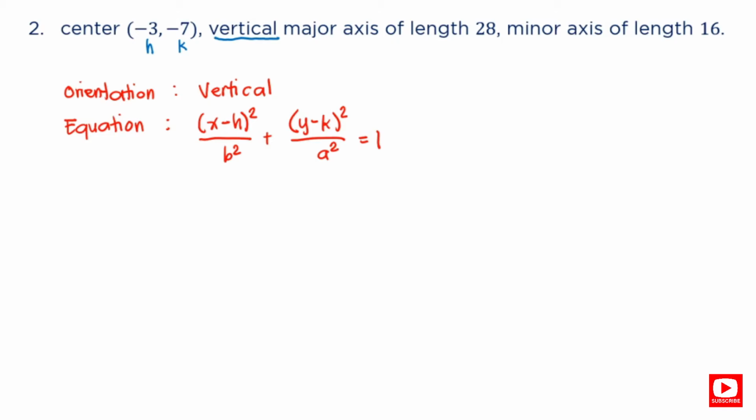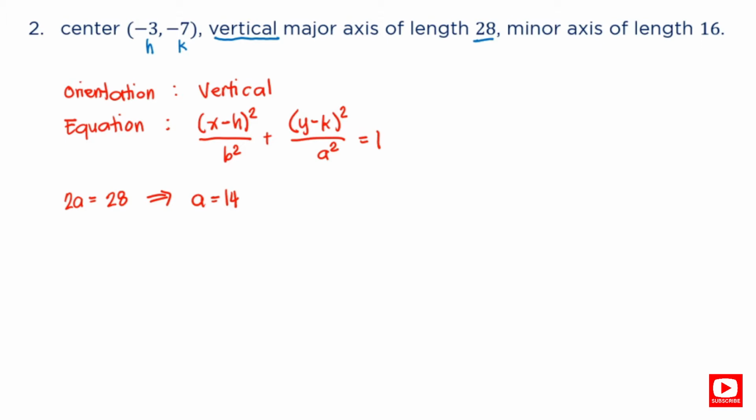Right? Now, from the given condition, the length of the major axis is 28. Take note that the length of the major axis is just 2a, right? So we can equate 2a to 28. So this means that a is equal to 14.